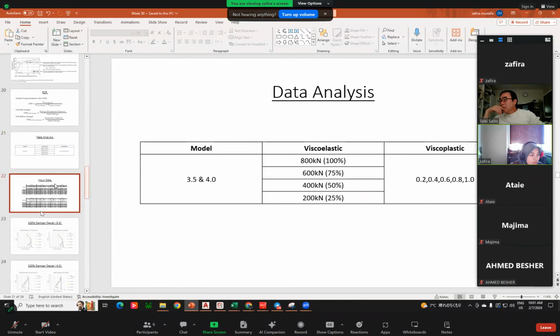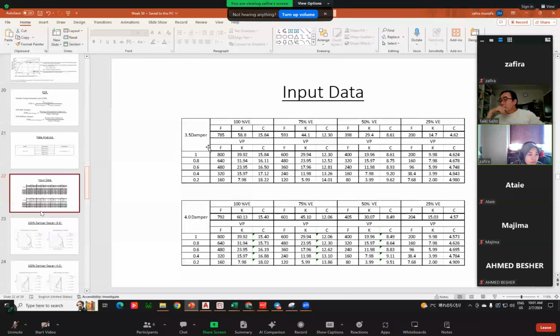For example, for long beam 3.5, we have 100% until 25% viscoelastic damper, and for the friction damper we reduce from 1 to 0.2. So 1 is like 800, and we reduce until 0.2 is 160, and it changes when the percentage of viscoelastic reduces. This is like the example of the paper that we discussed previously, the optimization.